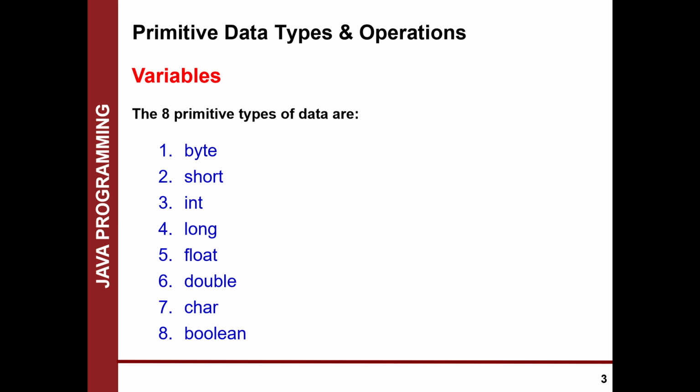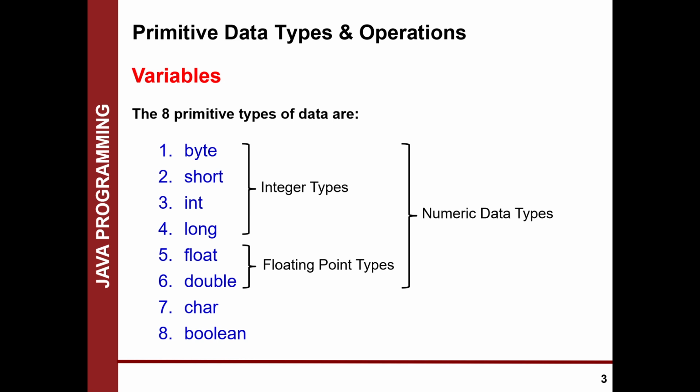Float is also for decimal values. Long, int, short, and byte are for integer values. Float is for floating points. Then you know that these six are all numeric data types.